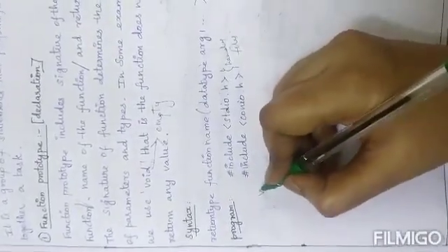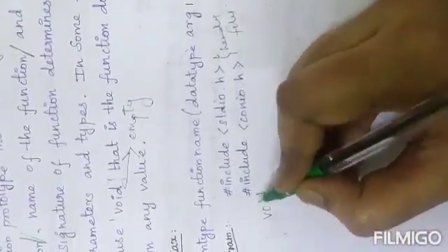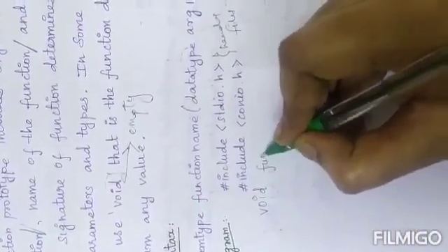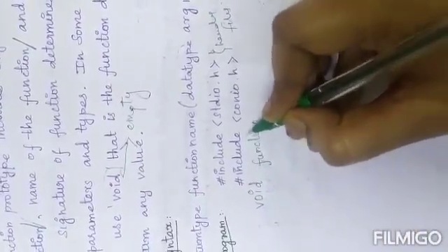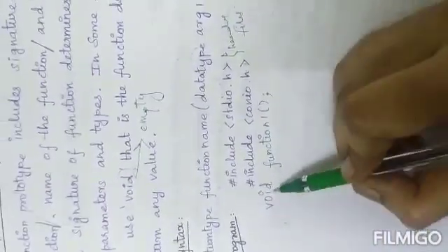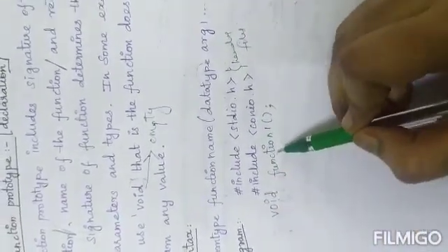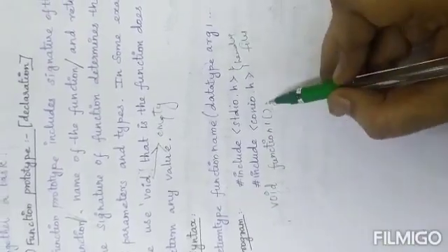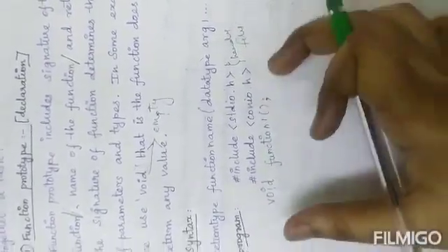So I am declaring a void function 1 with brackets and a semicolon. This void is the return type, this is the name of the function, and I have given a semicolon, and now I have declared the function. So this is the function declaration.